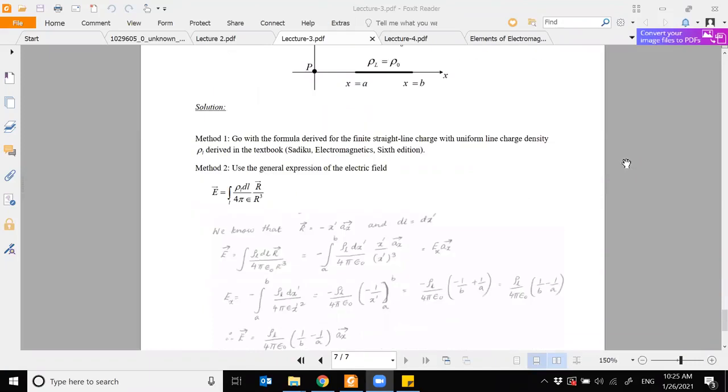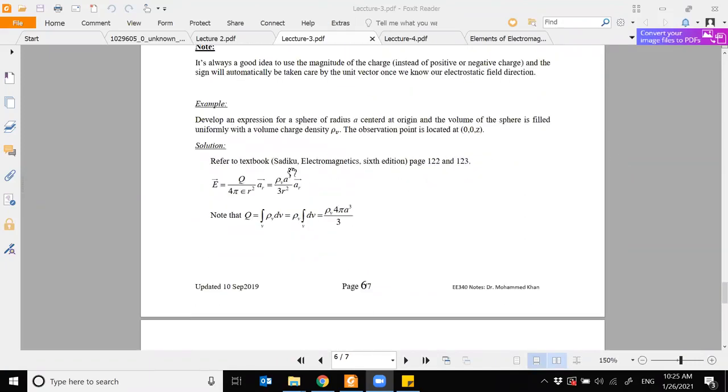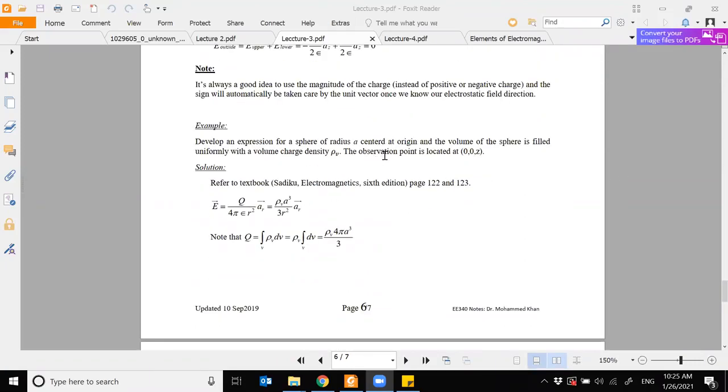Now you have the last example. So we did a line charge and we took an example, we did a sheet of charge and we took an example, and now this is an example of a volume.